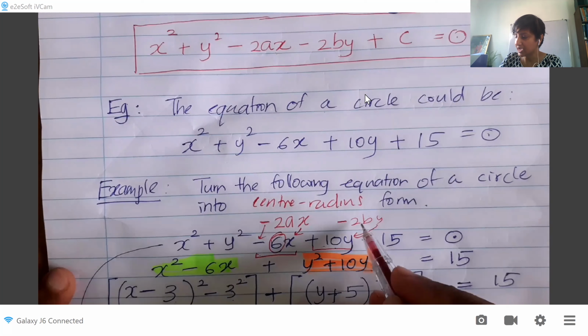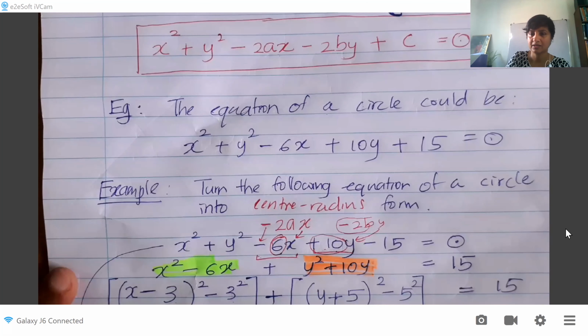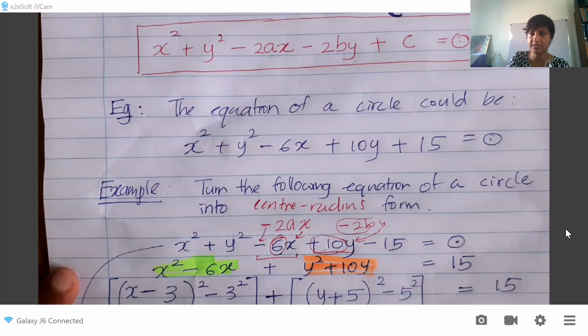Minus 2b has to be plus 10. Like by matching those up, let me see what you are saying. Oh, okay. So Afra, you can see what Afra is saying, right?